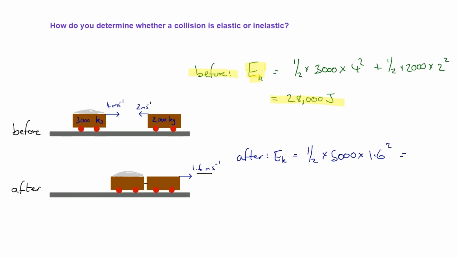If we calculate that, we discover that it's 6,400 joules, a lot less than the initial kinetic energy. Therefore, because they're different, because some kinetic energy seems to have disappeared, this must be an inelastic collision.